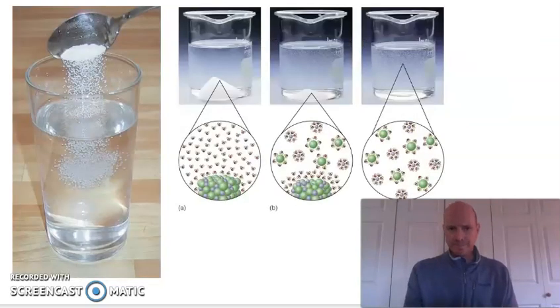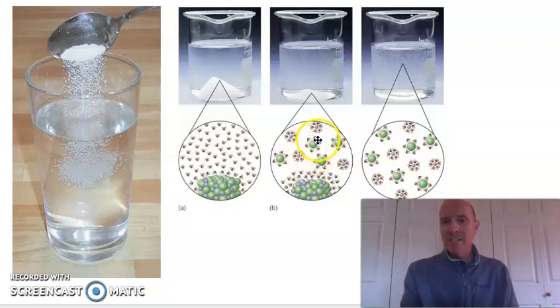Here's a visual for you. We're putting salt, sodium chloride, into this glass, and we stir it up. Here's what's really happening. We're going to put on our molecular glasses and imagine all those water molecules surrounding that crystal of salt. Remember, it's a repeating pattern of ions, sodium chloride, sodium chloride, sodium chloride. But what happens is the oxygen side of water, which is negative, surrounds the positive sodium ion and pulls it apart.